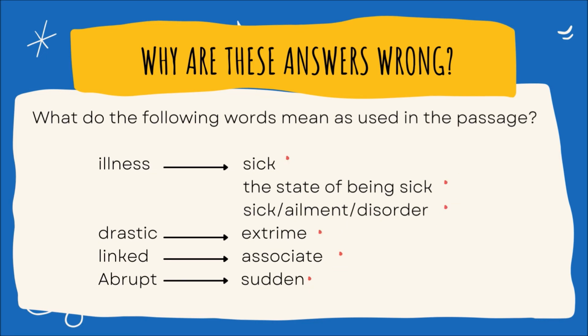Last one, abrupt. Why is the word sudden there considered wrong? It's considered wrong because it is in the wrong letter case. It's supposed to be capital S. Now, for this one, we have mixed opinion.